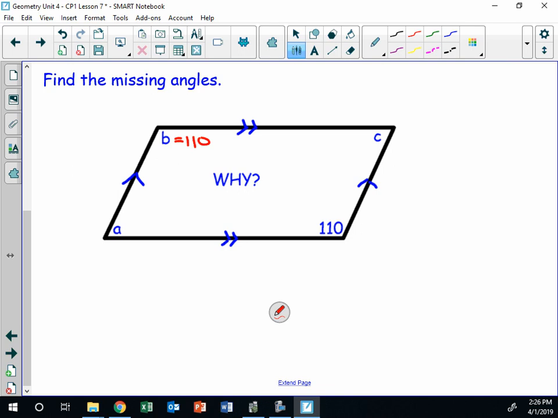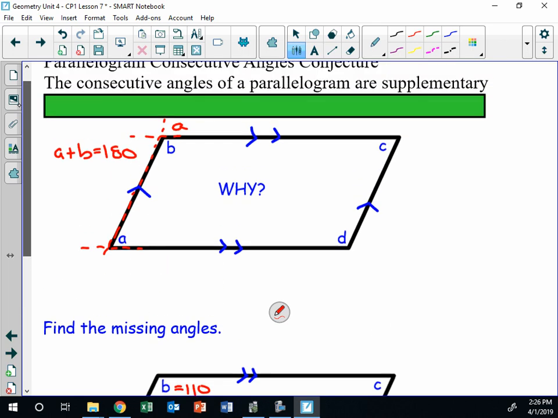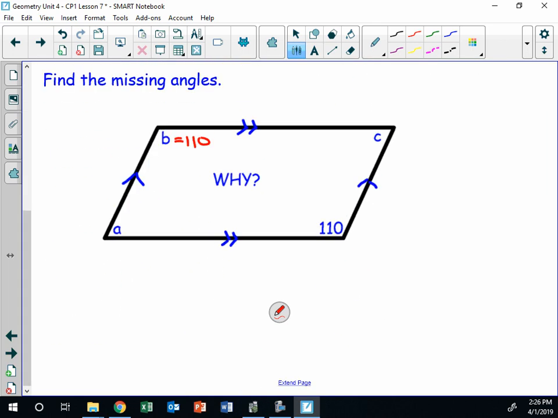Then we can use our consecutive angles conjecture to know that the consecutive A and B have to add up to 180, and we can solve for A, which would be 70 degrees, subtracting 110 from each side. And then we know based on opposite angles that we have the other 70. So we can see how the parallel lines in a parallelogram really fit and give us those two measurements.